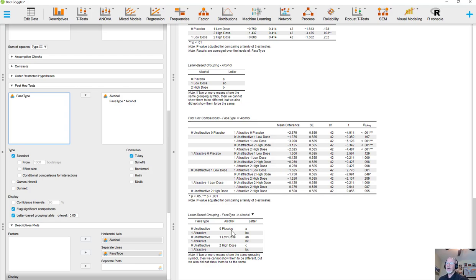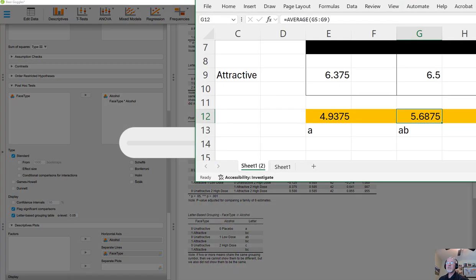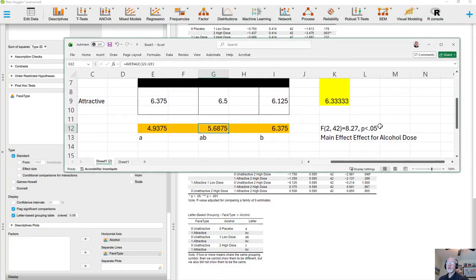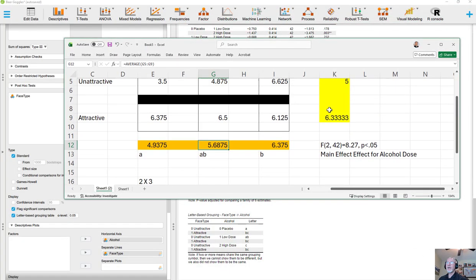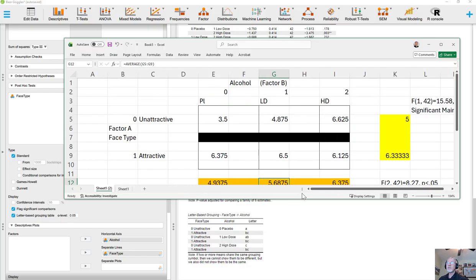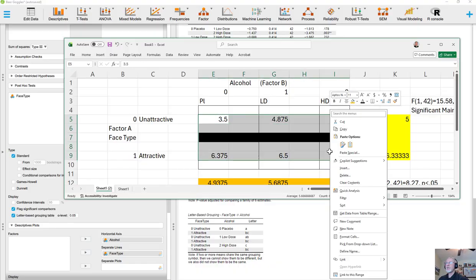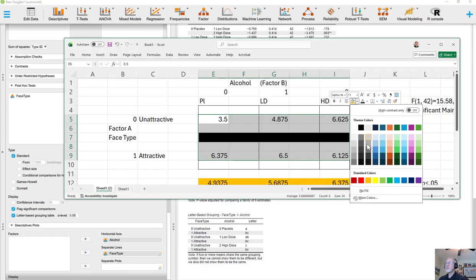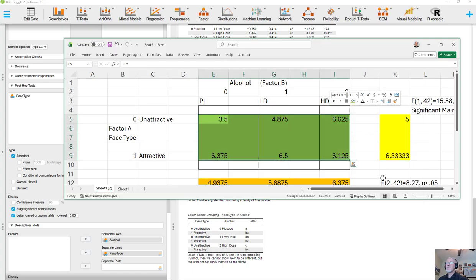So again, what I like to do is to use that letter-based grouping table, because now I can basically just focus on that. Here's my design. For the interaction, we're focused on these means. And I'll do those in green.